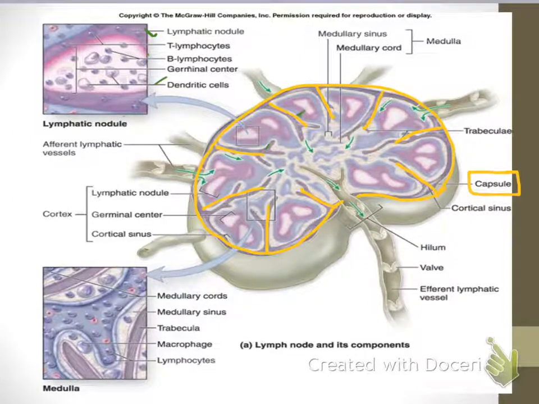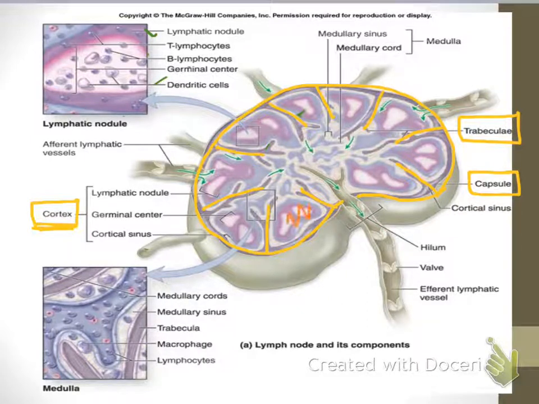These little pieces of the capsule that come in are called trabeculae. These trabeculae are dividing sections of the outer portion of the lymph node, which is called the cortex. We talked about the outer portions of organs being the cortex, the inner portion of some organs being called the medulla. But the outer portion here is called the cortex.